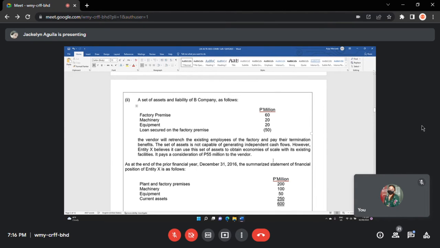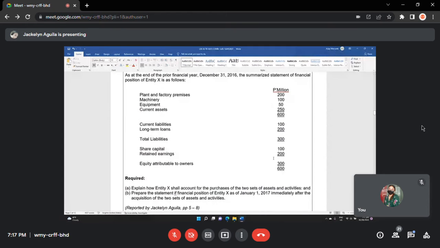As of the end of the prior financial year, December 31, 2016, the summarized statement of financial position of Entity X is as follows. Plant premise 200 million pesos, machinery 100 million pesos, equipment 20 million pesos, current asset 50 million pesos.